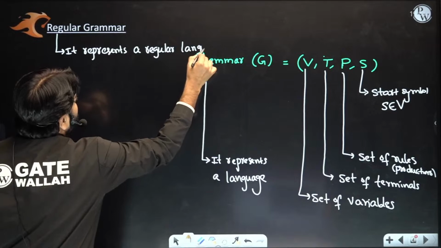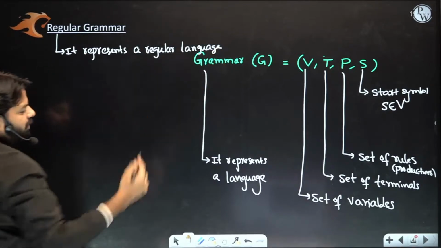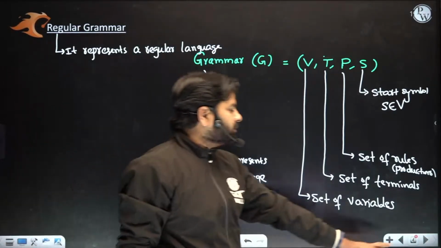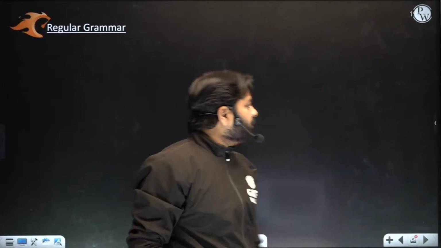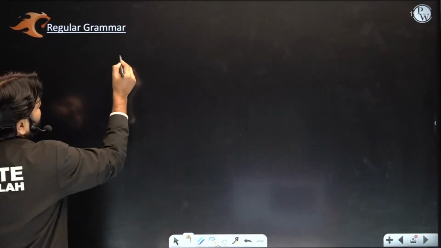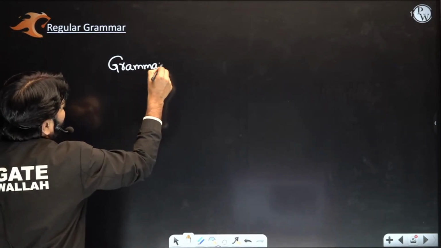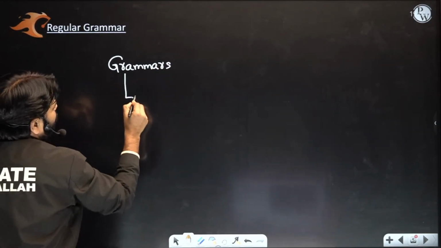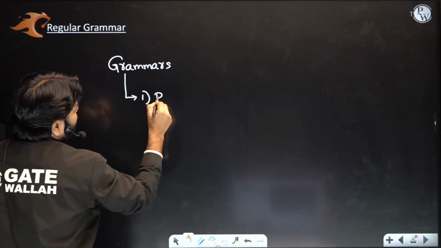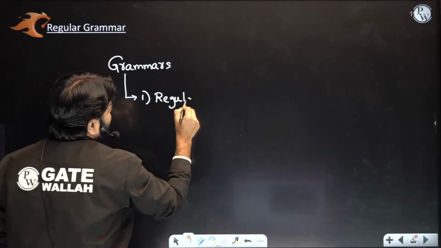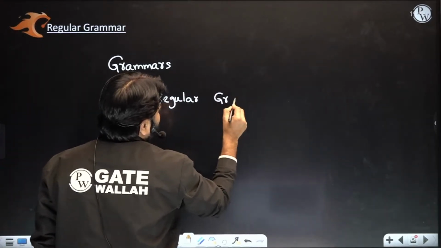Now, there are various types of grammars. We will be learning slowly. Before starting the regular grammar, you have many types of grammars, like regular grammar. In regular grammar, we will be learning two types.